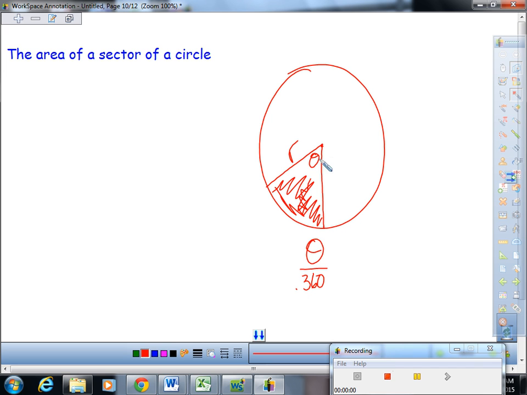If this is called a theta, don't freak out by new things, okay? Don't get freaked out. So the area of a sector, think about if this theta was 180 degrees. Well, that would be half of the circle. 180 over 360 is half of pi r squared. That's all we do. That's the area of a sector. The central angle, which is this, theta, over 360 times pi r squared.